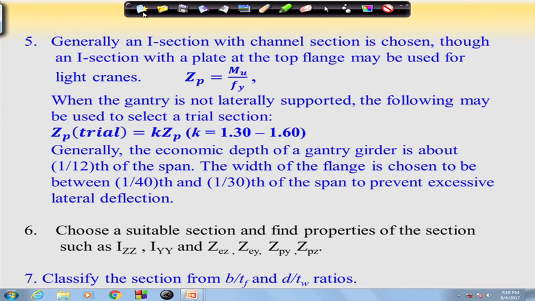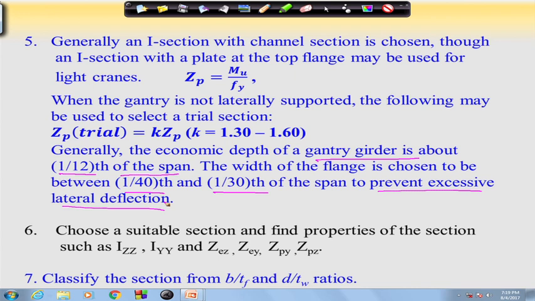And generally there is a guideline that to get the economic depth of a gantry girder, the depth is kept as 1/12 of the span. So, the gantry girder span we know. So, 1/12 will be the depth, and the width of the flange will be chosen between 1/40th to 1/30th of the span to prevent excessive lateral deflection.